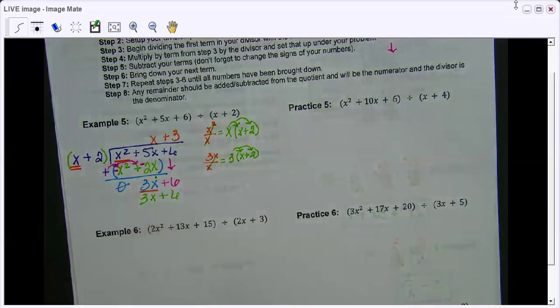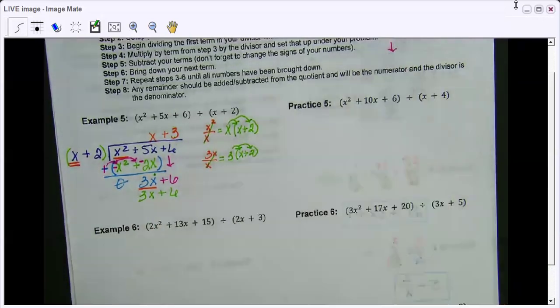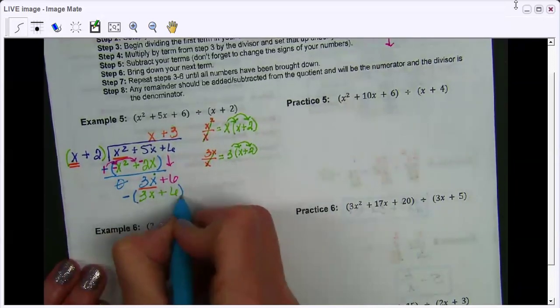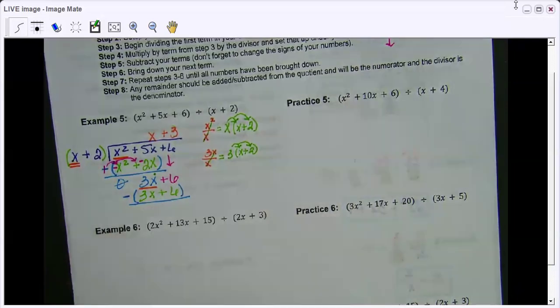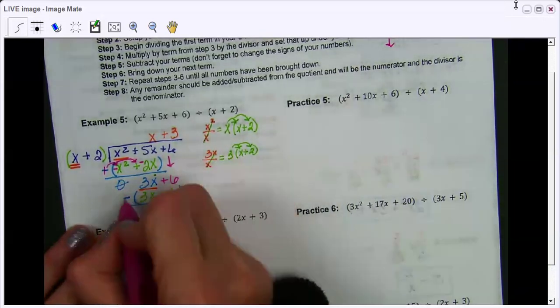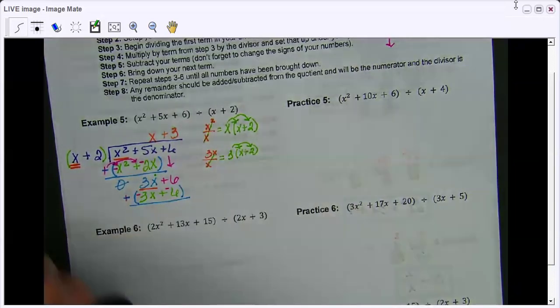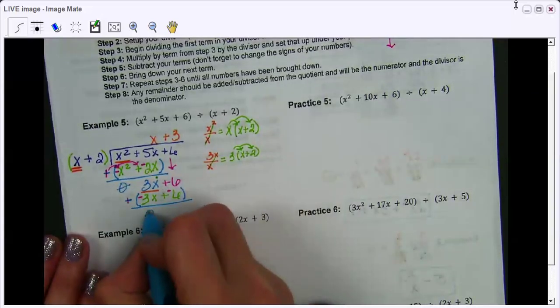Now I'm going to subtract. I'm going to put my parentheses around here, and I'm going to distribute that negative. So I change this to positive, this to negative, this to negative. And when I subtract, I get 0 and 0.